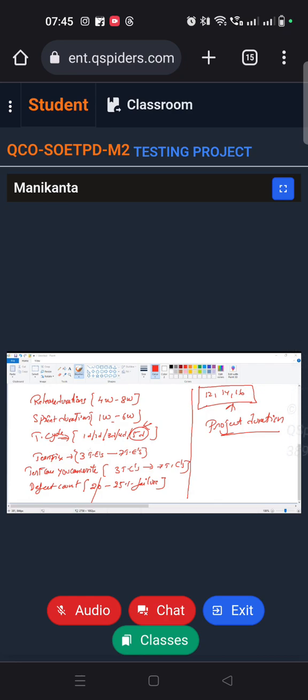First, do the calculations. Try to do the calculations. You will get it. Shraddha, these are sample calculations you can take.